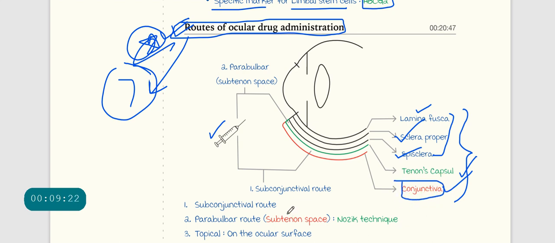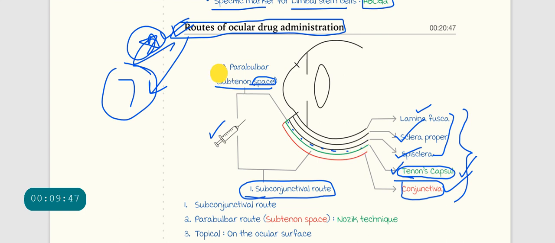If we administer the drug inside the Tenon capsule, it would be known as subtenon. This is the subtenon space. And this route is known as parabulbar route. Very important, parabulbar route.